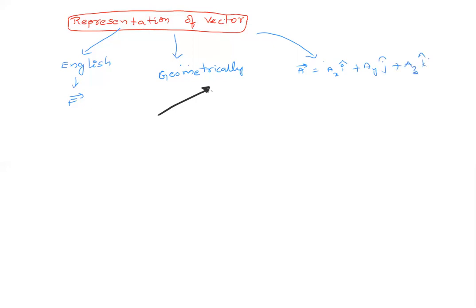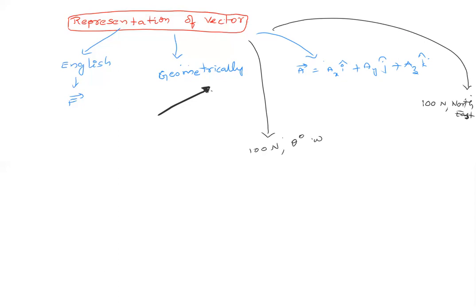In English itself to give meaning, you can say 100 Newton northeast or something with some angle. And if you want to give more mathematical touch, you can say 100 Newton making some angle theta degrees with positive x or y axis. If you give it indirectly, all of these will represent vectors only.